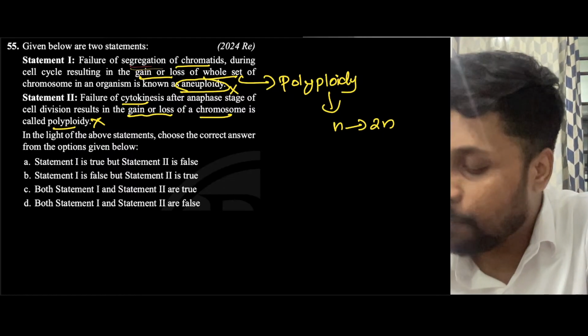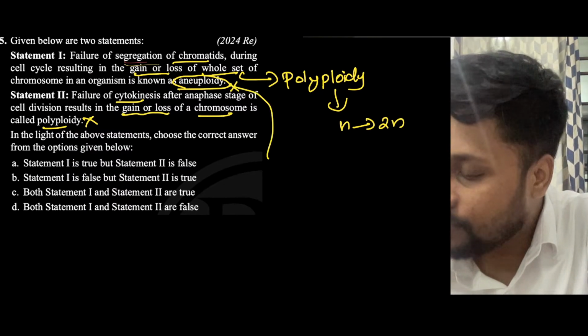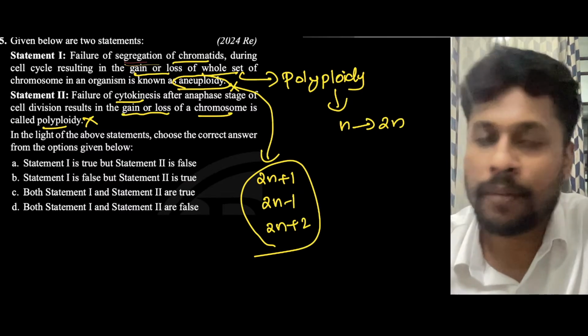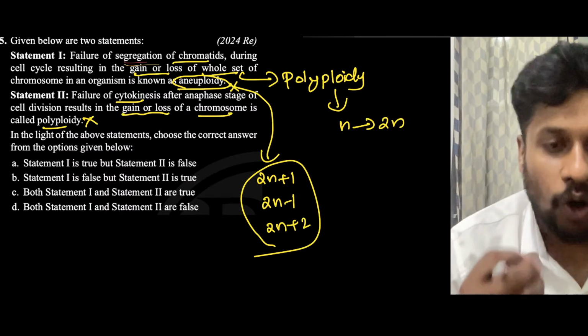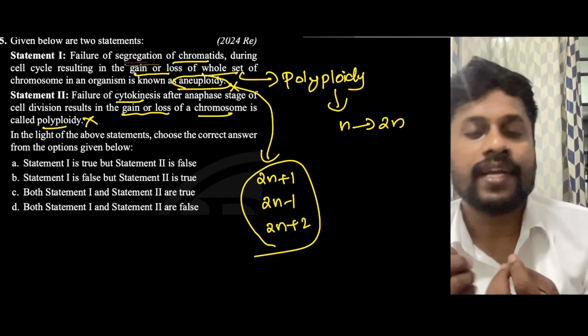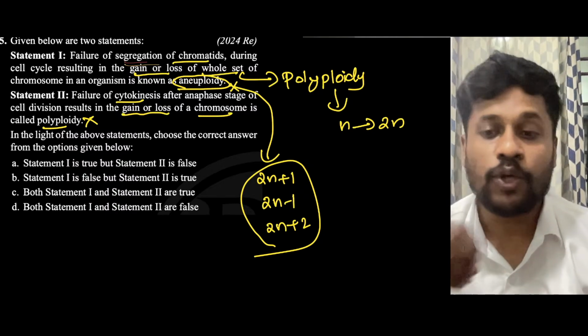But what is polyploidy? What is aneuploidy? Aneuploidy means, let's say 2N converting into 2N plus 1 or 2N minus 1, 2N plus 2. All these are examples of aneuploidy, which means there will be a few changes in the chromosome number, like an increase in one or two chromosomes, or a decrease in one or two chromosomes.